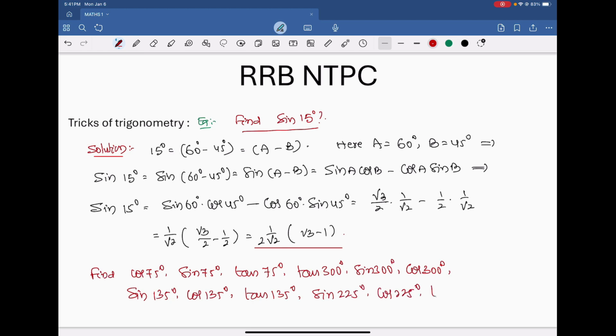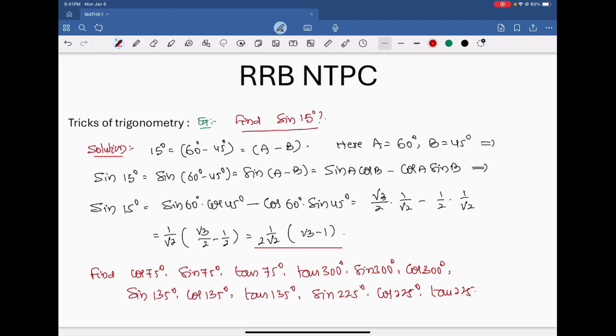These are all given for your practice. Please don't only see the video. Please try to understand the concept. Make a habit to practice to calculate for different angles the value of sine, cos, and tan.